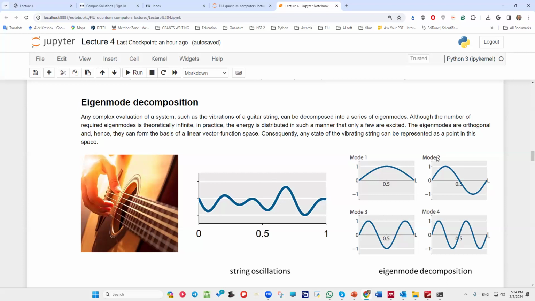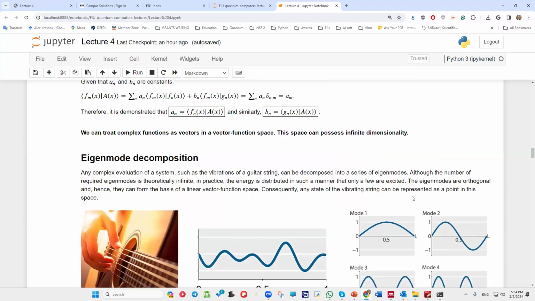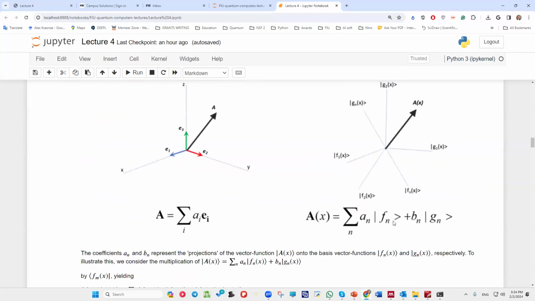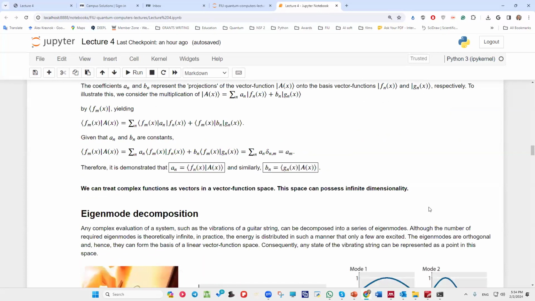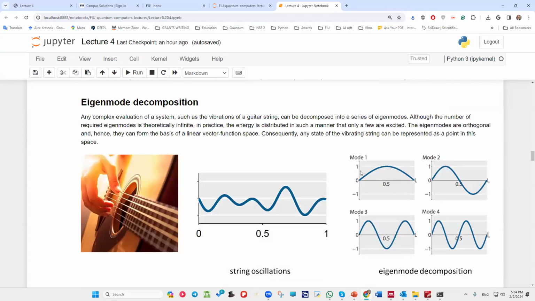These eigenmodes are all orthogonal, and we can use them as the orthogonal functions in the representation, in the transformation shown here. Okay, so it's not Fourier transformation anymore. This is a new type of transformation called eigenmode transformation, or eigenmode decomposition, right?